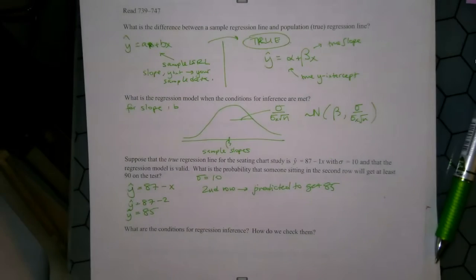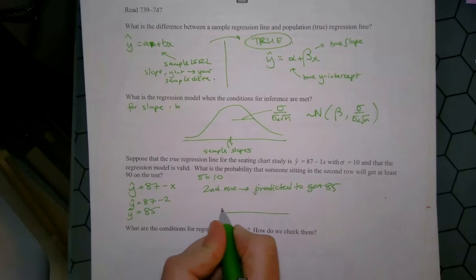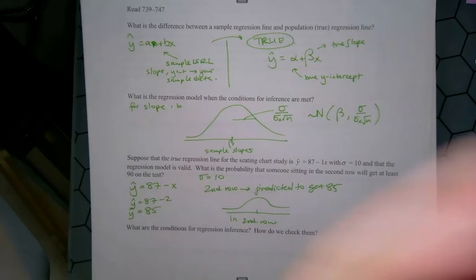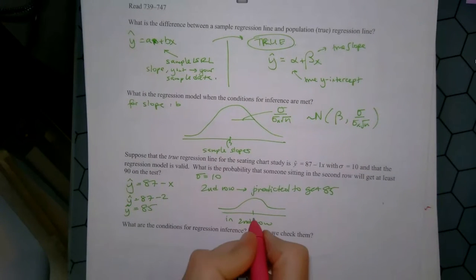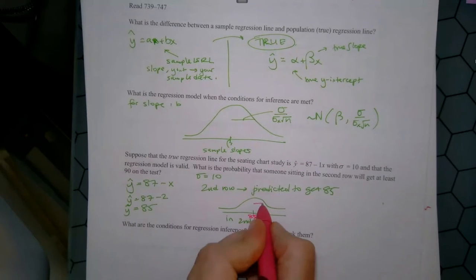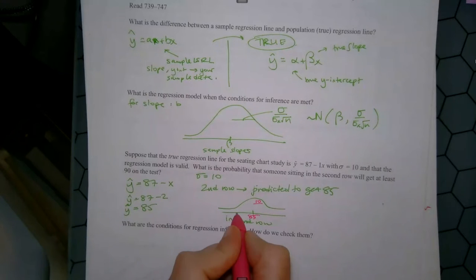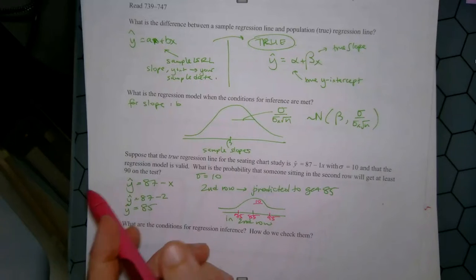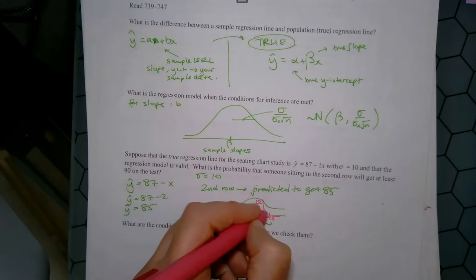So in the second row, predicted to have an 85 as a center. That's what's in the middle, that's what's on the line, but it varies by 10. So could have a 75, could have a 95. What's the probability that somebody in the second row will get at least a 90 on the test?